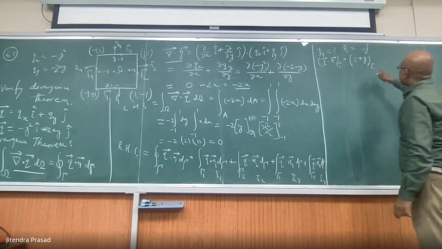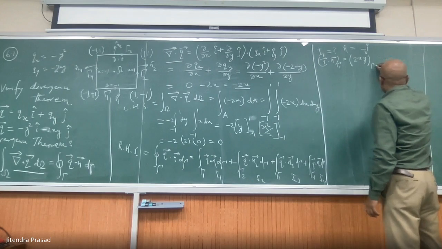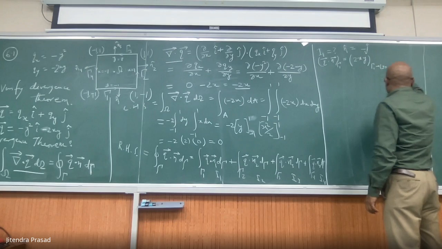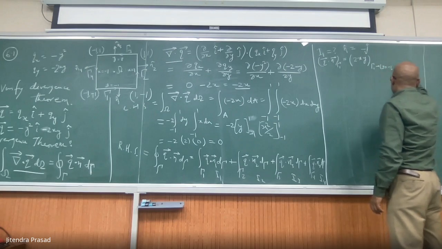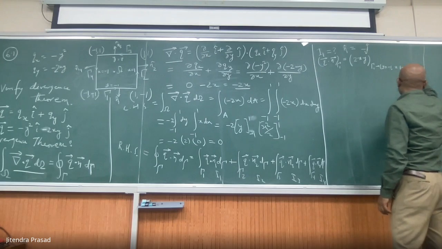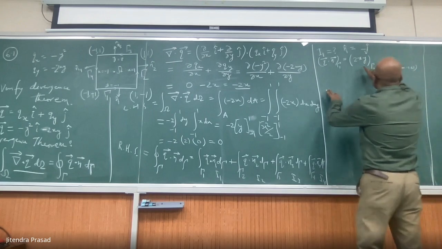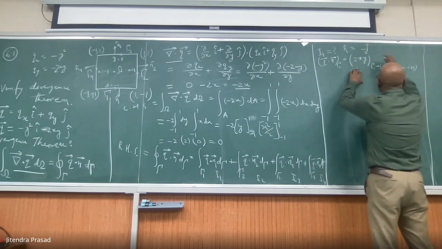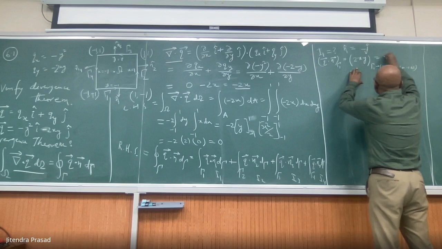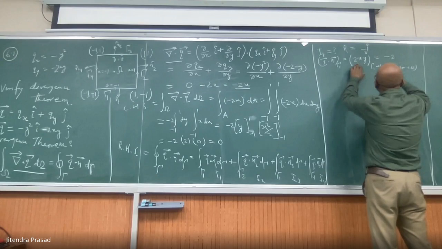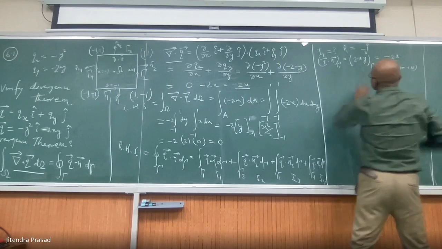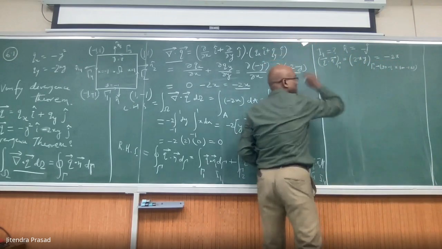Gamma 1, that really means that on it we have y equal to minus 1, and x varies from minus 1 to 1. So y equal to minus 1, we can put it here. So minus 2x at gamma 1 is like this.